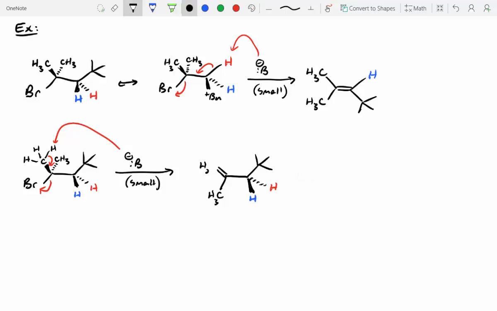Let me actually move this C up a little bit. All right, which one's our Zaitsev product? The upper one or the bottom one? Upper one, all right. So let's make a note of that. That's our Zaitsev product, meaning it's more substituted. And this bottom one would be referred to as our Hoffman product.